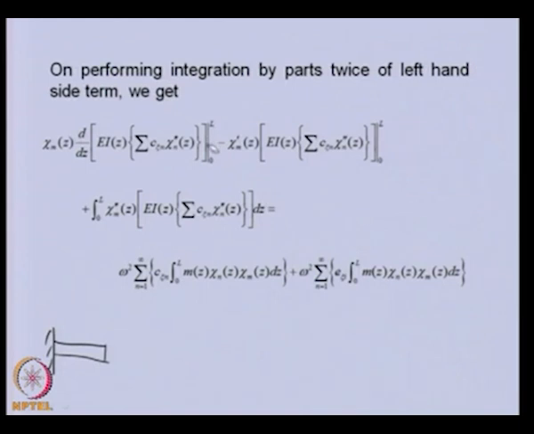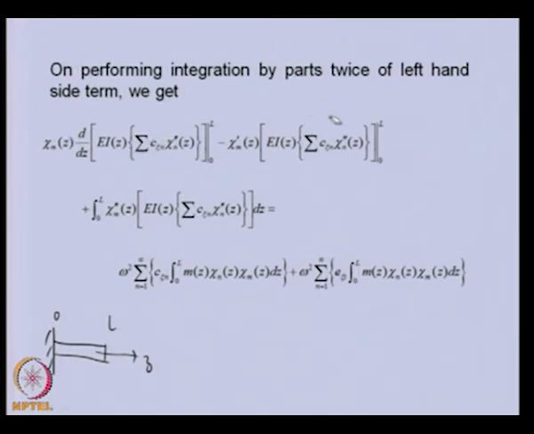If our axis system is z from 0 to L, then for z equal to L we will have the shear force and bending moment 0, and this term is the bending moment. So you can see that for z equal to L this term will be 0, and for x equal to 0 this term will be 0. So both the terms will be 0.